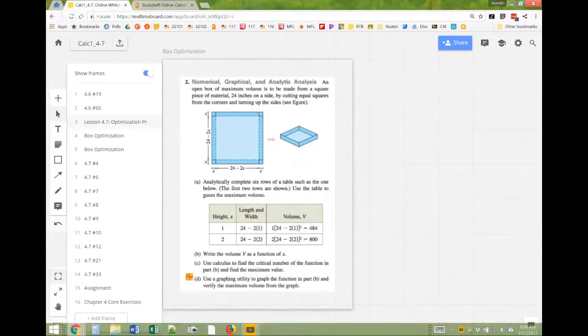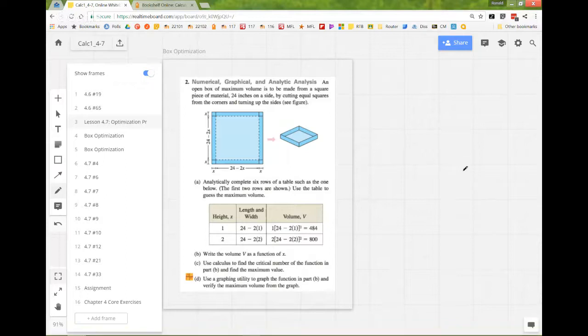Okay, so let's figure out what we got here. We're going to make a volume formula because that's basically what we're trying to maximize. For the volume of a box, it's going to be what? Length times width times height. Okay, what are the length and the width? If you look at the picture over there, you should be able to see that when you chop out an X out of each corner, you have to take 2X off of the width.